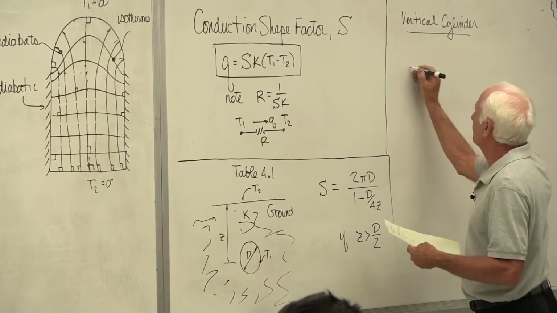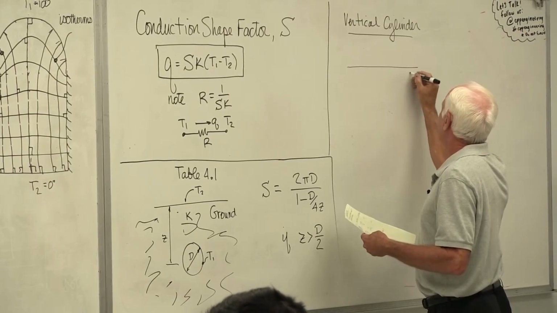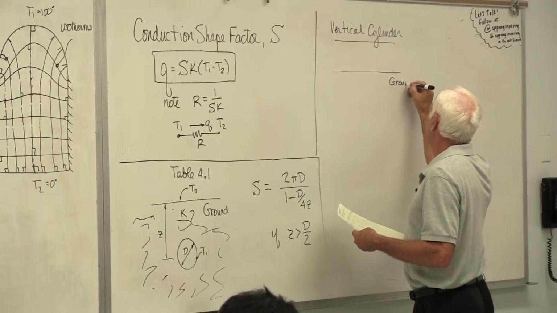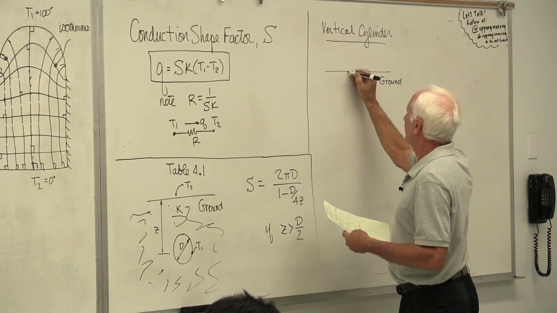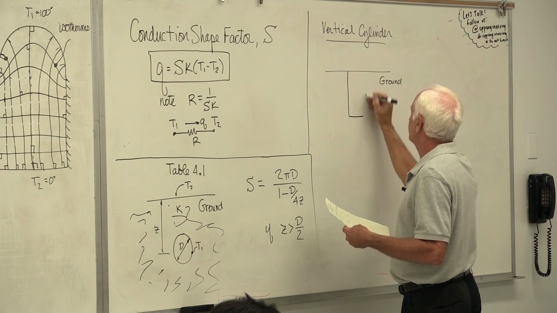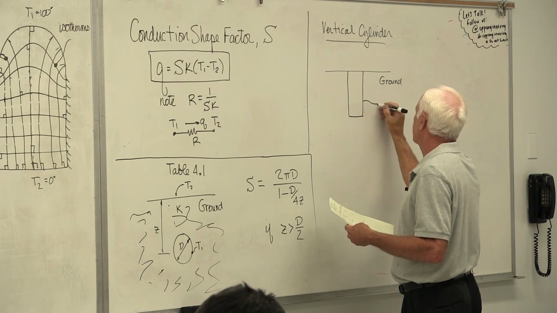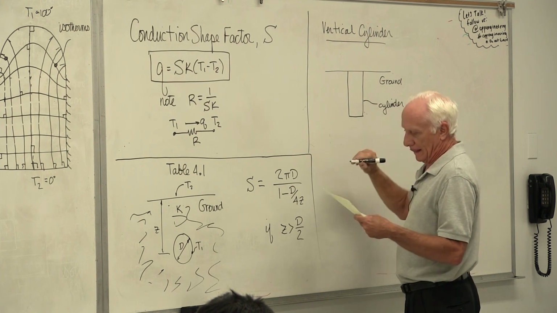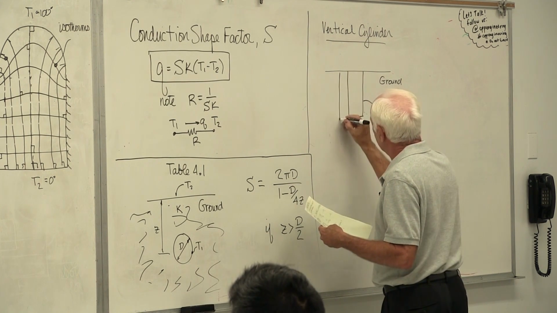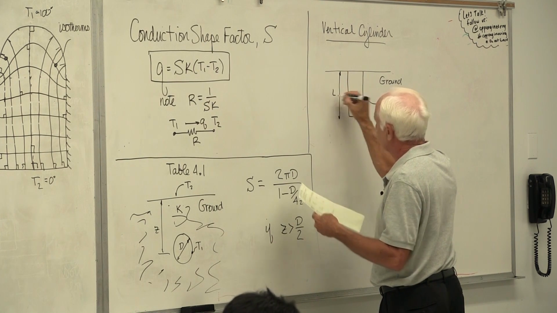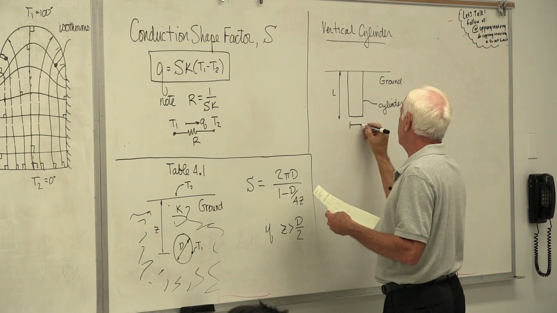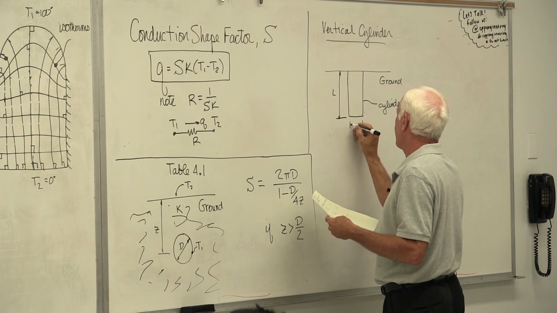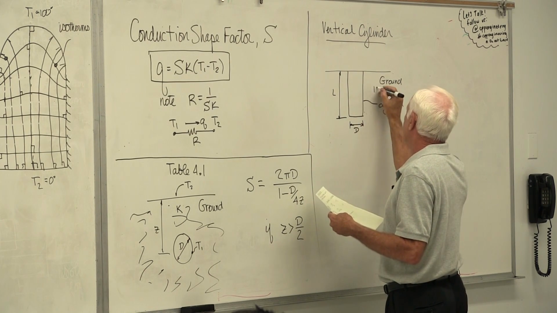Okay, so here's the ground again. This time we're burying this cylinder. The height of the cylinder is L. The diameter is D. K is of the ground.